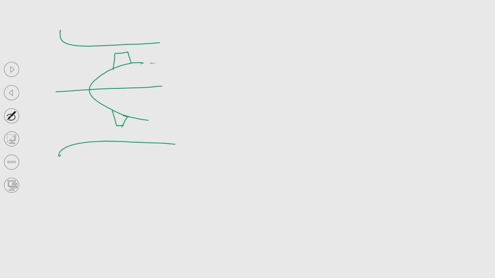So, this is known as the half diameter DH and the blade tip to tip distance is known as the tip diameter. So, DH and DT.